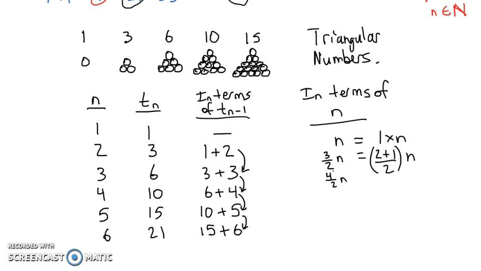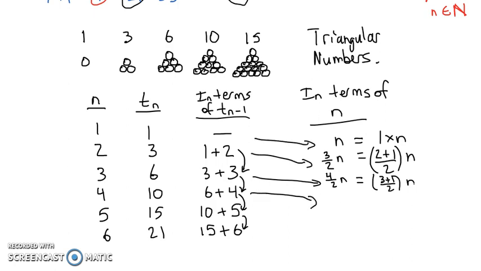If you think about that, 4 divided by 2 is 2. The n value is 3. So 2 times 3 is 6, and that is what that third term ends up being. We can write that out as 3 plus 1 divided by 2 times n. That corresponds to that one, that one, and that one.